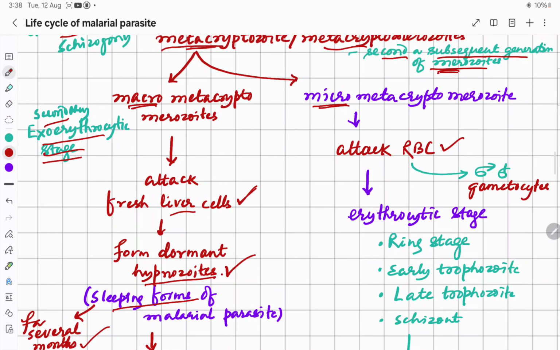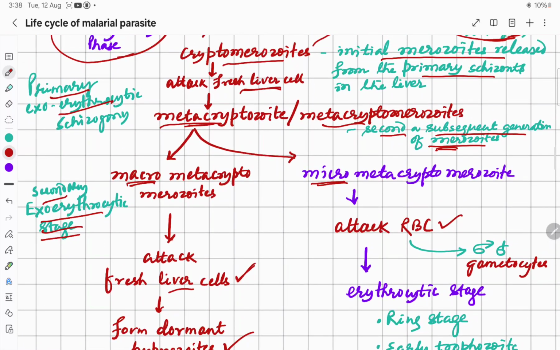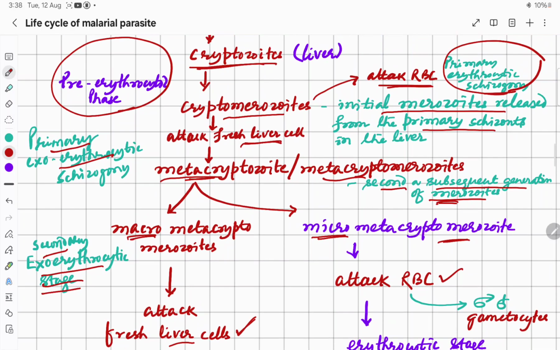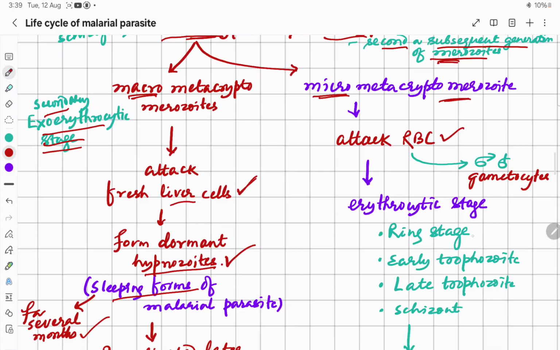And the micro metacryptomerozoites undergo the secondary schizogony, and the primary erythrocytic schizogony is caused by cryptomerozoites. When the RBC is attacked, there will be the ring stage, early trophozoite stage, late trophozoite stage, and schizont stage.